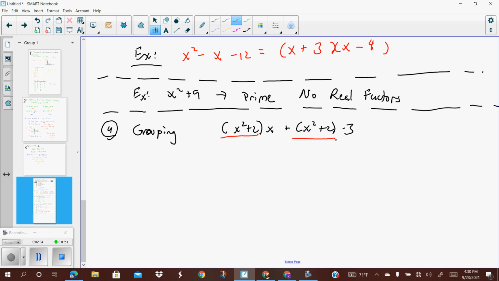They're things which are being multiplied together, but they're separated by addition. So x squared plus 2 is a common factor. I can factor out x squared plus 2 from each one of these pieces. If I take x squared plus 2 out of this term, it just leaves me with an x. If I take the x squared plus 2 out of this term, it just leaves me with a plus 3. And now that's been factored. So that's how it's going to work.